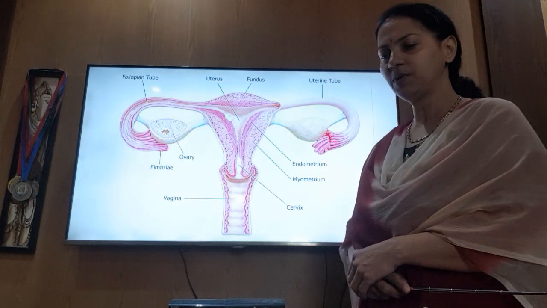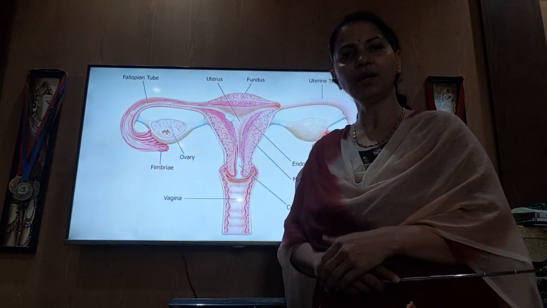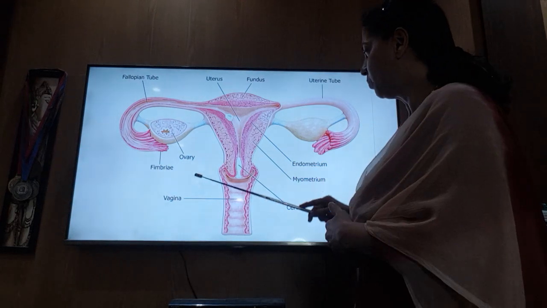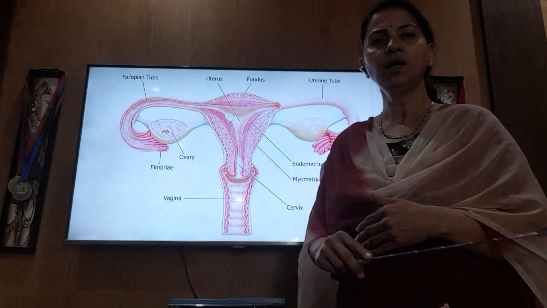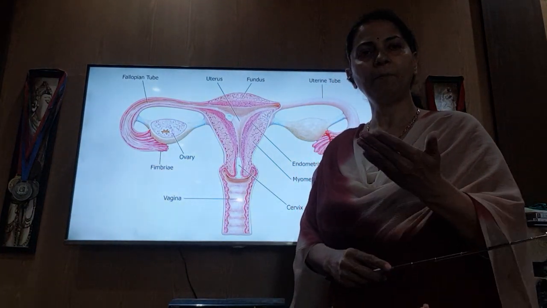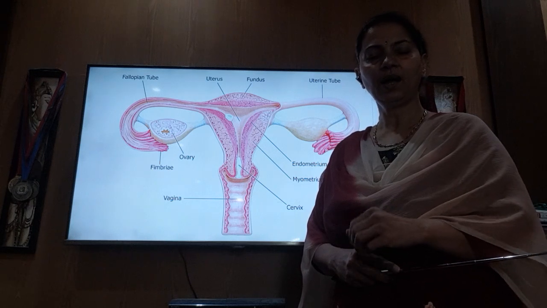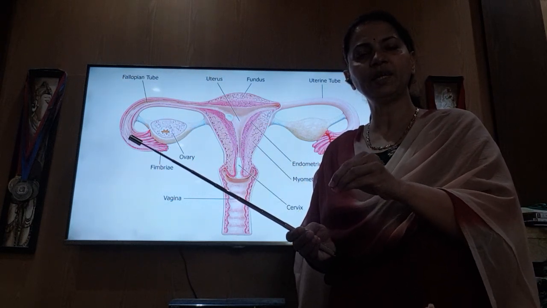Okay, so first is muscular structure present in the perineum. So perineum means below, isn't it? Near the outlet of pelvis. So that is pelvic diaphragm, and all the muscles of the pelvic diaphragm are attached to the perineal body.